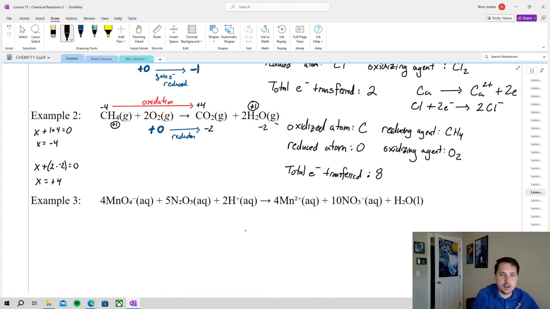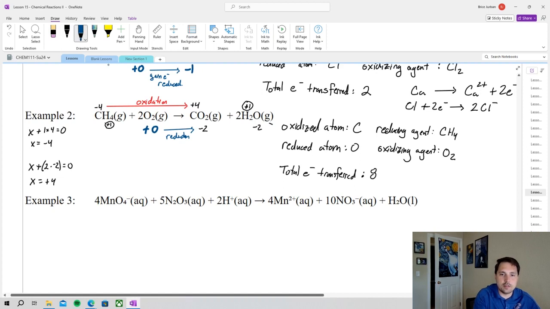In this one, we'll look on the right side first and see that we have a monoatomic ion. It's Mn2+. So right off the bat, we know that this has got to be a +2 charge. Then on the left side, we'll have to figure out what the charge for manganese is, and we can set up our equation.